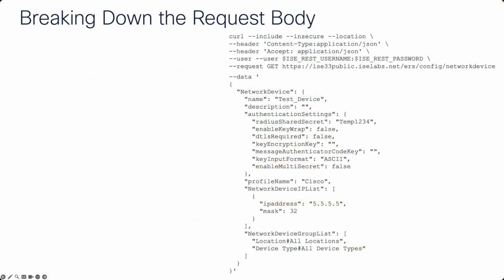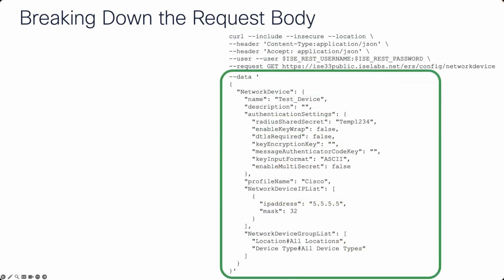This is the API that I used to send the put, patch, and all those APIs. If we move forward here, we're going to talk just about this body. You can see that everything's wrapped in those squiggly brackets, which means that is the object. The main object, everything is wrapped in that first squiggly bracket. So from network device all the way down, that is your main object.